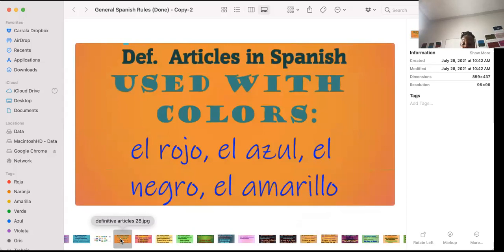Okay, so definite articles are used in Spanish with colors: el rojo, el azul, el negro, el amarillo. So if you have colors, you must say the article. In English you just say red, blue, black, yellow.